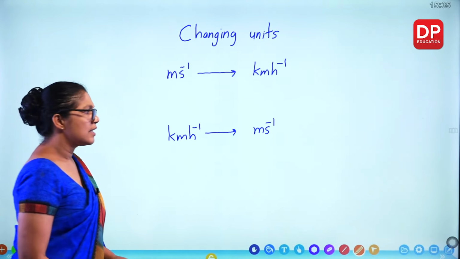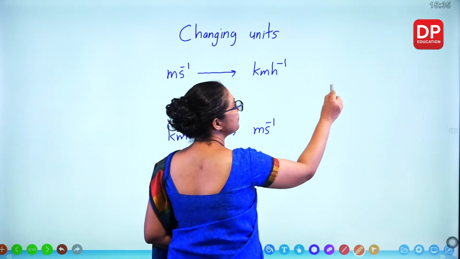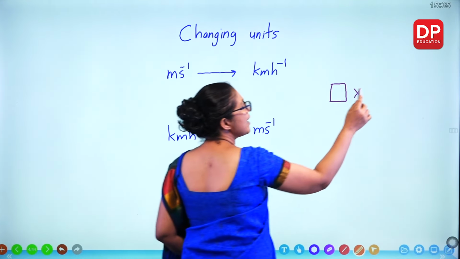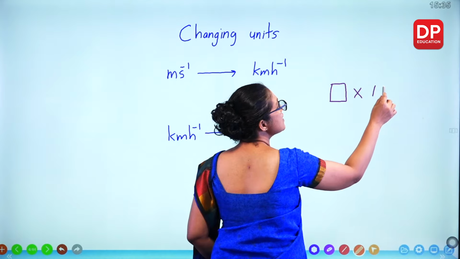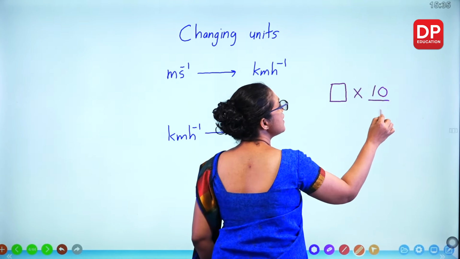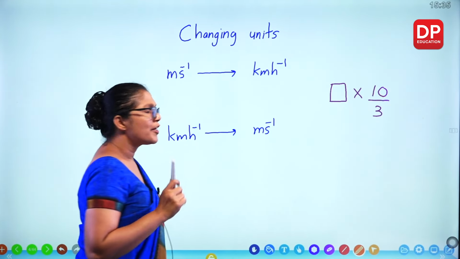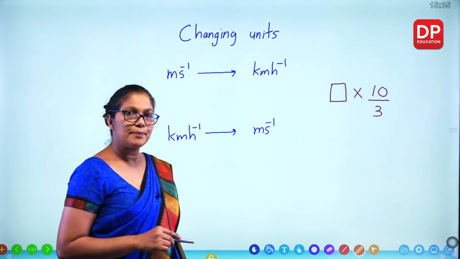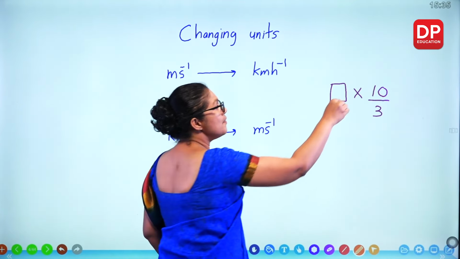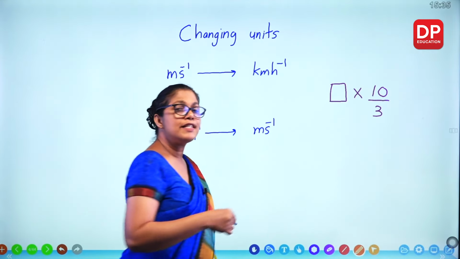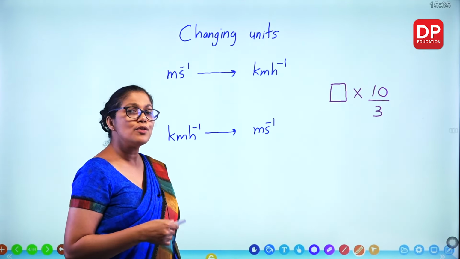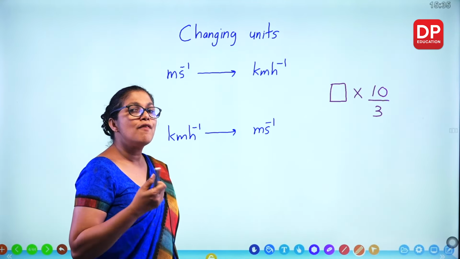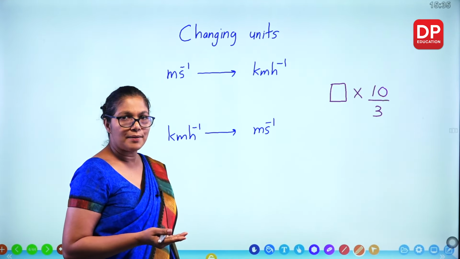Now think about if you have a number and you multiply by, let's take 10 over 3. What do you think will happen to this number? The numerator is bigger than the denominator. When you multiply by an improper fraction like that, the value becomes bigger.